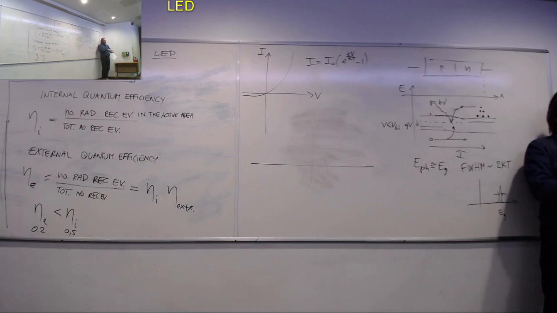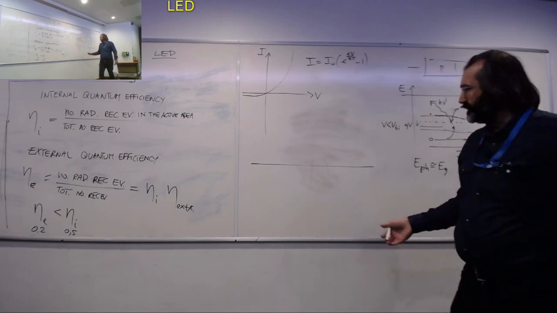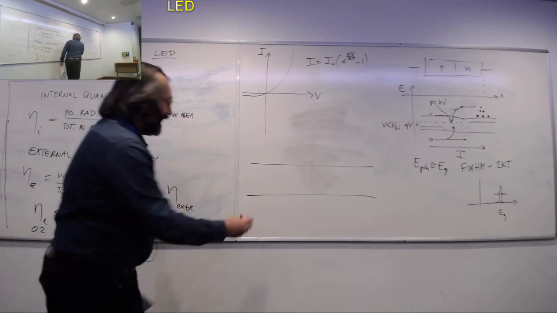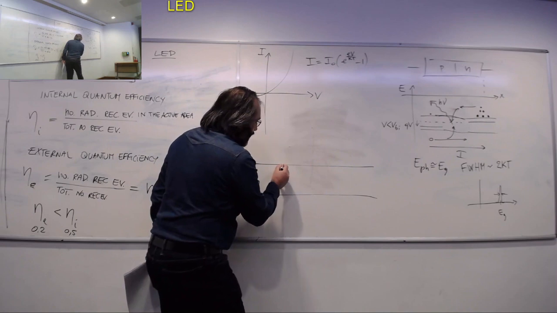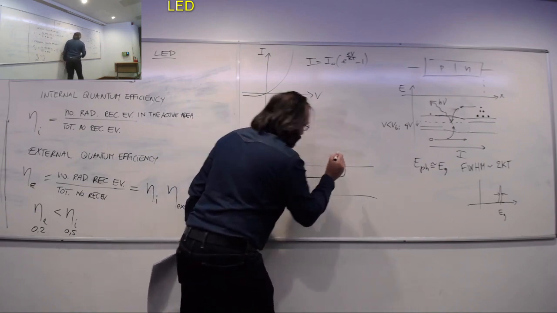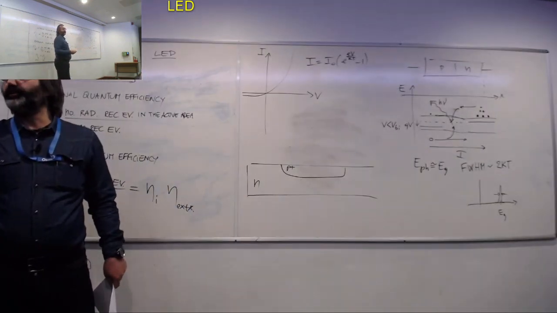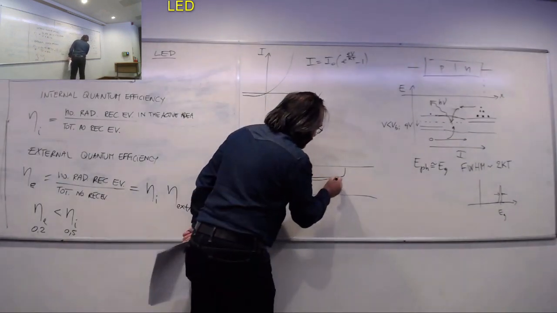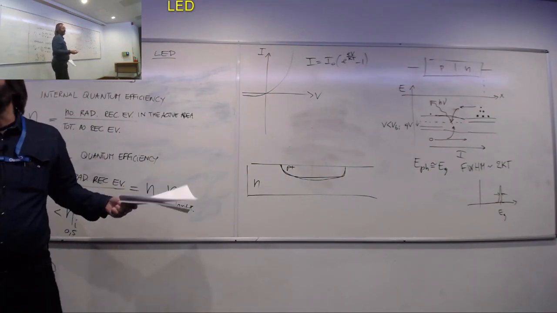In reality, what we do when we make pn junctions is we take a piece of semiconductor that is n, and by implanting dopants, we make this part very highly p-doped. This creates the pn junction here. You can see that this interface represents where the depletion region will be created.